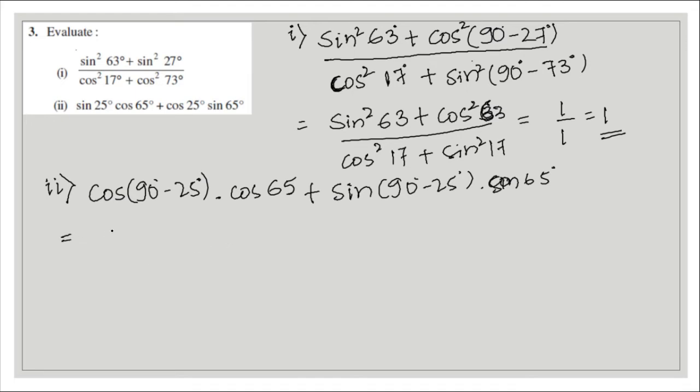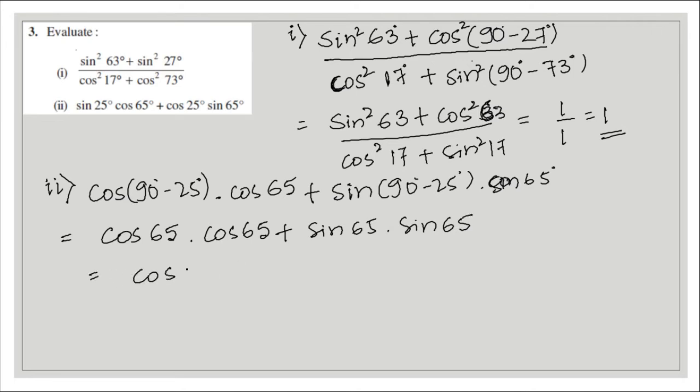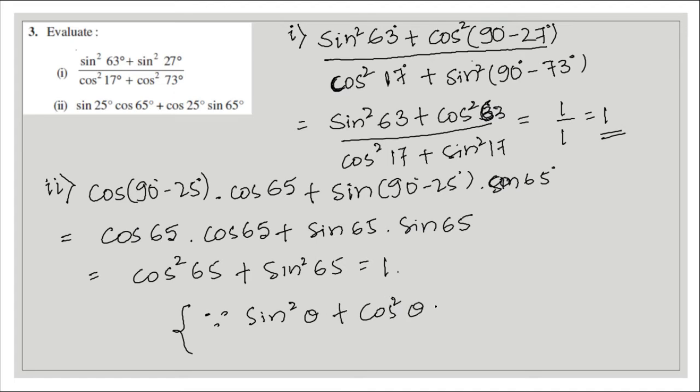So this is nothing but cos 65 multiplied to cos 65 plus sine 65 multiplied to sine 65. It is same as cos square 65 plus sine square 65, and this will be equal to 1. In these two questions, we have used sine square theta plus cos square theta equal to 1. This identity we have used.